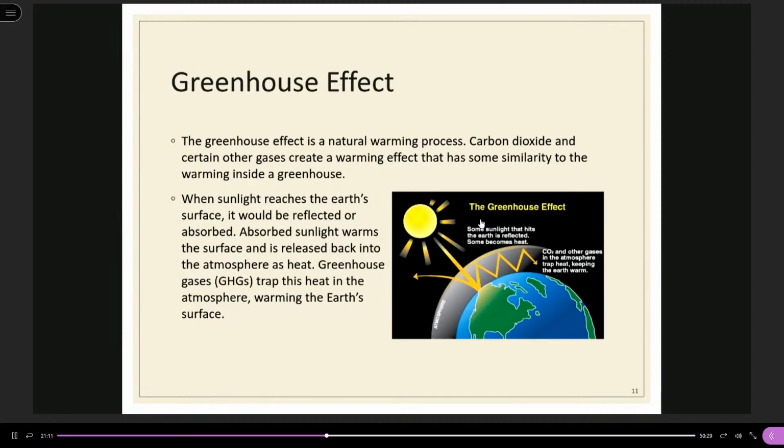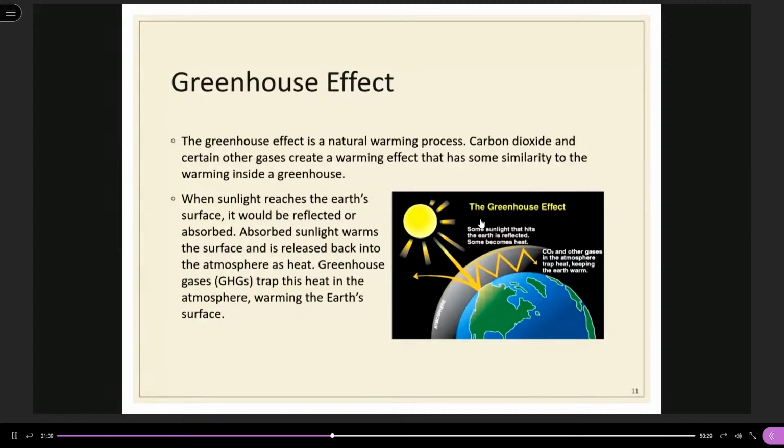Okay, so we need the atmosphere. We need the water vapor, the gas in the atmosphere, so that it can trap the heat in the daytime, and so that in the nighttime we still have the heat and the air temperature will be suitable for the living of humans.